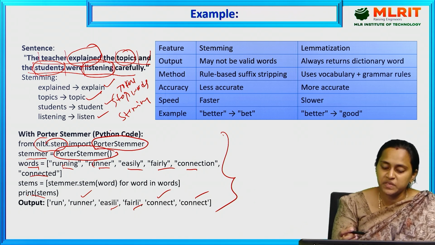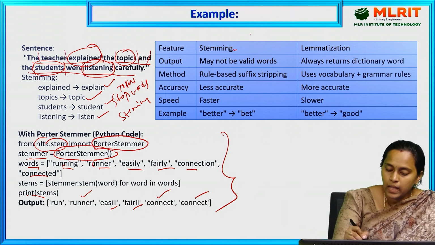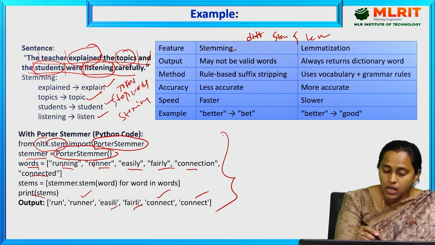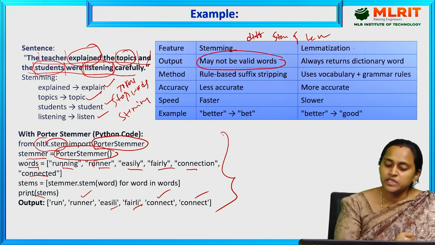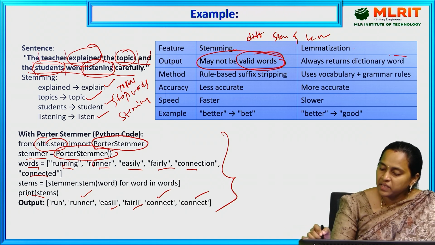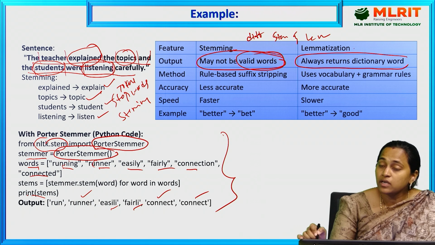Let's see the difference between stemming and lemmatization. Stemming may not display valid words, that means the exact word. But lemmatization displays valid words, depending on the dictionary word.